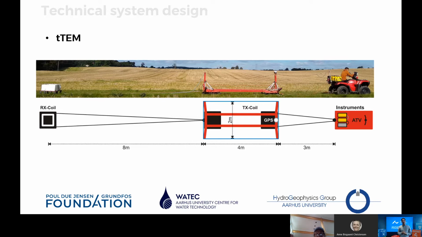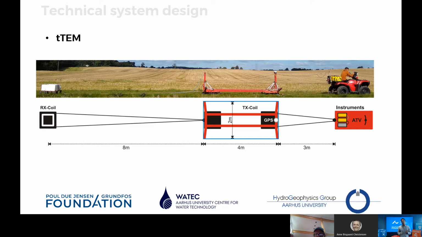This red frame is only built for supporting a 4x2 meter wire that we are calling a transmitter coil, and the whole transmitter coil with the red design is actually built on the black sledges that you are seeing. These sledges or skis are used to run over the ground, and we don't have any wheels.